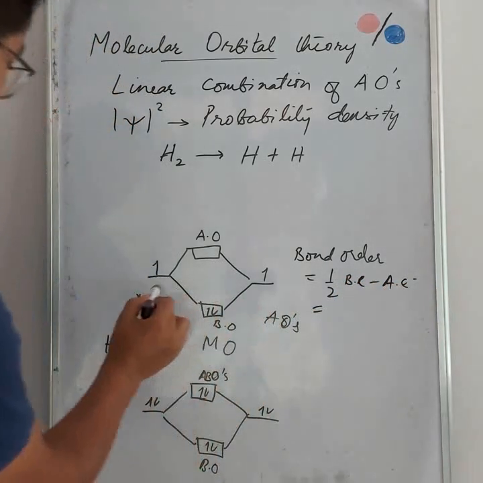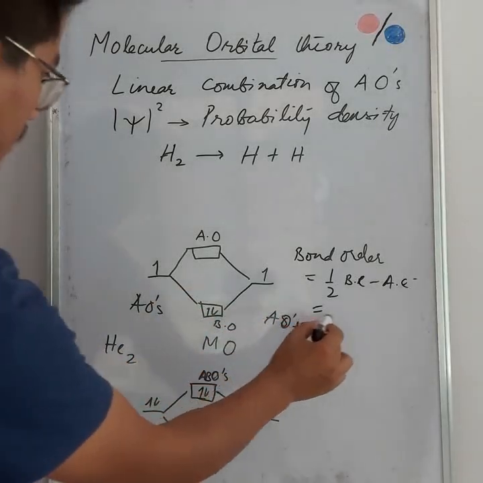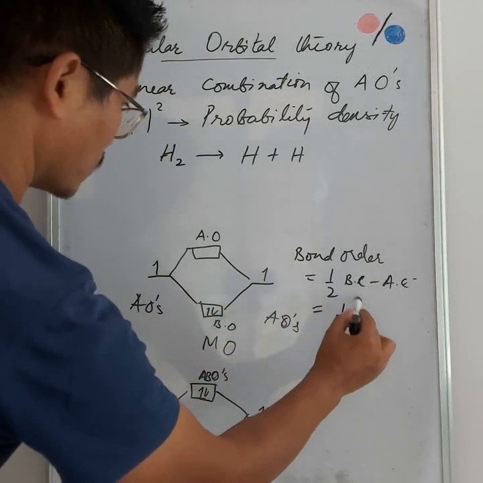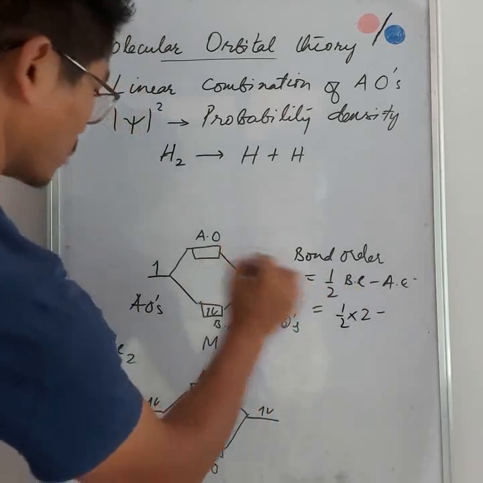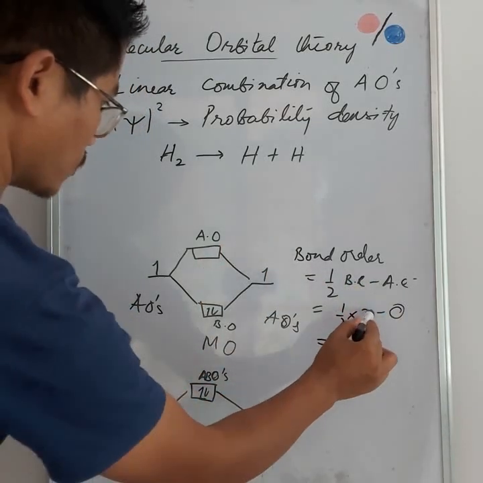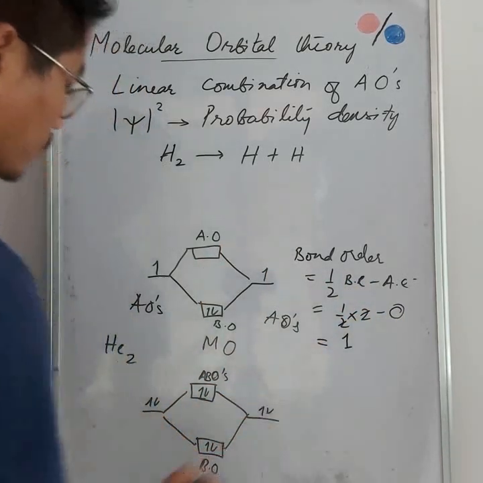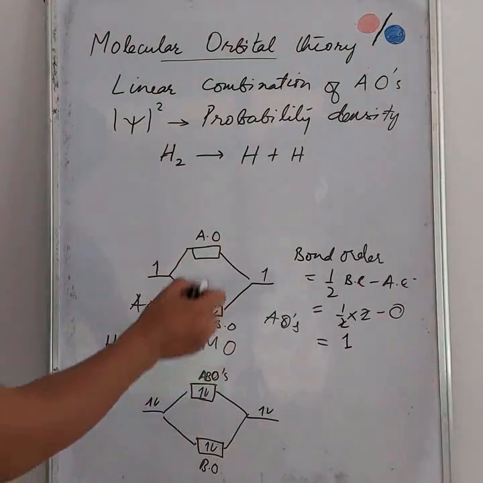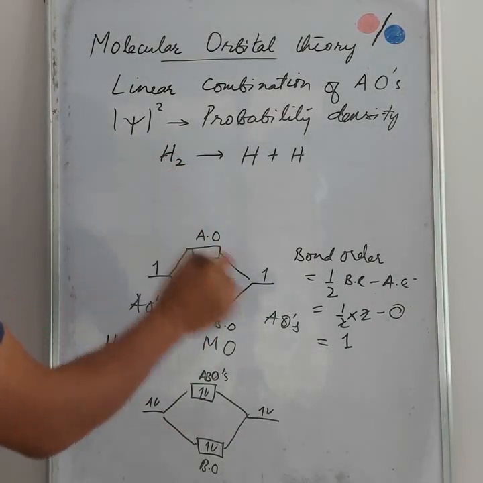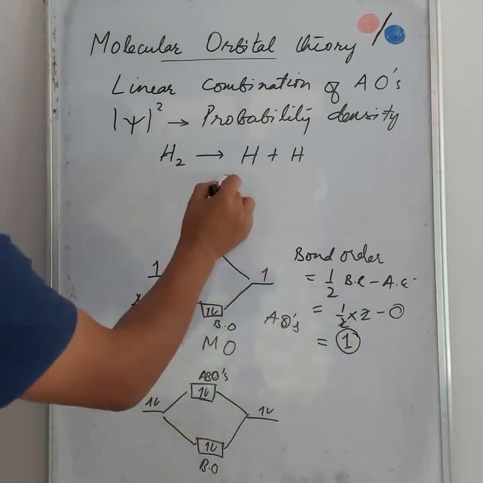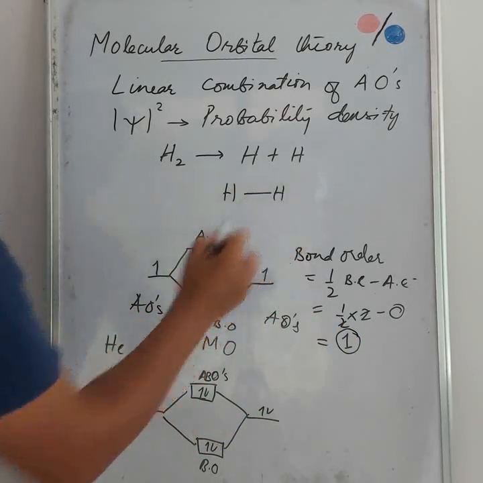In the case of hydrogen, we have two bonding electrons, so half into two minus zero antibonding electrons. So 2 divided by 2 is 1. That means in the hydrogen molecule we have one bond between the two hydrogen atoms.